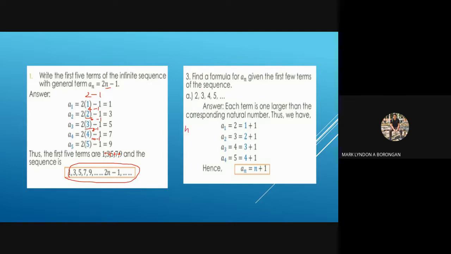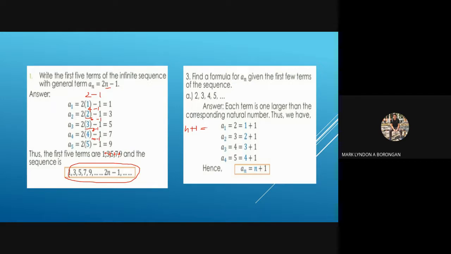So meaning, if I have an n, and I have n plus 1, what would my first term be? Answer? 1. Okay.